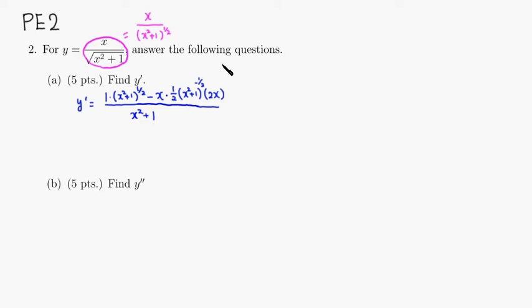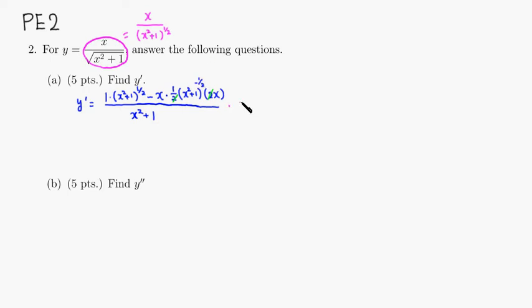Then we can clean things up. The 2 cancels out with this 2, and 1 is not really doing anything. This looks pretty ugly, and I don't like having this negative power here.